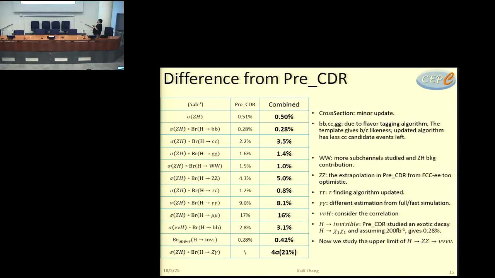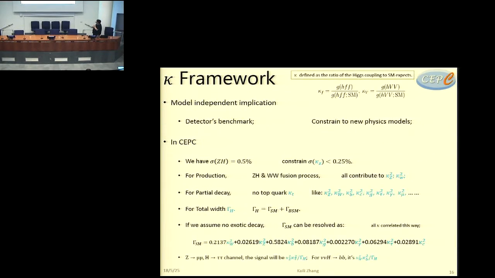Now we study the upper limit of the standard model Higgs to ZZ to 4 neutrinos, and this channel will give an upper limit of about 0.42% on the branching ratio. And for the Z gamma channel, this is done by Yao Weiming, and gives a 4 sigma result.